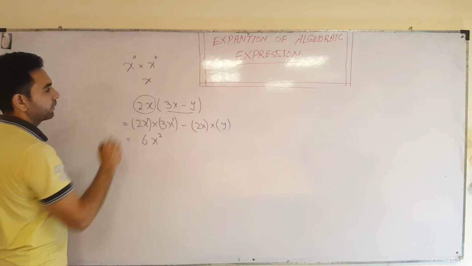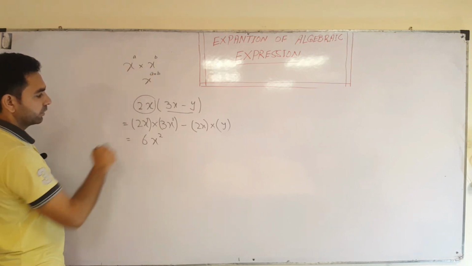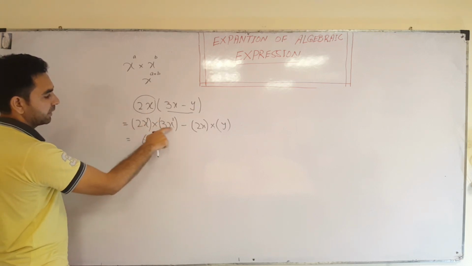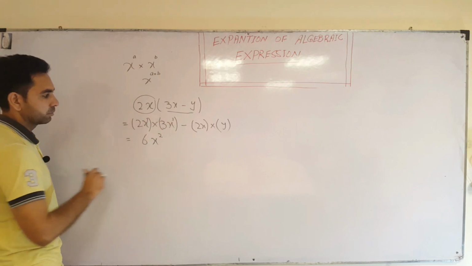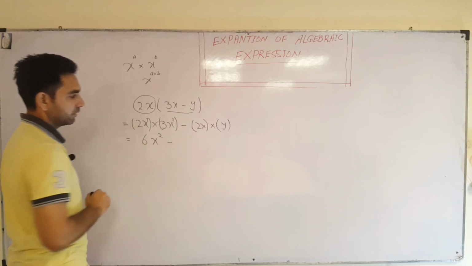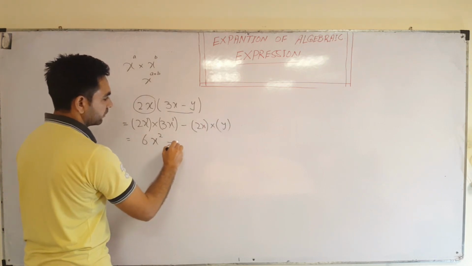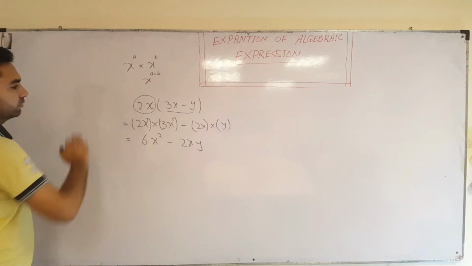So you write down the base x and add the powers: 1 plus 1 gives you 2. And then 2 times xy gives you minus 2xy. So that is the expansion of this term.